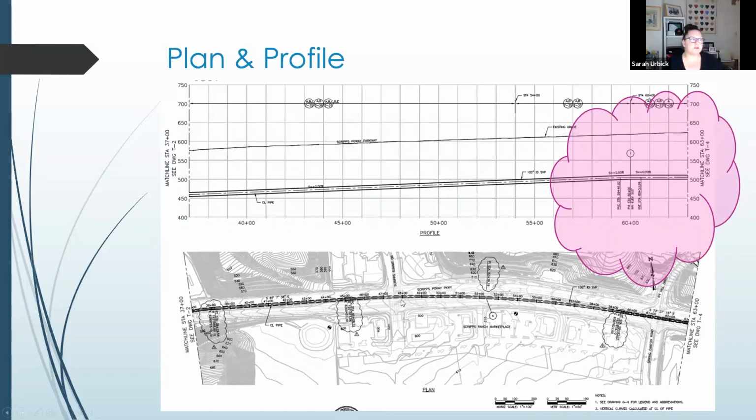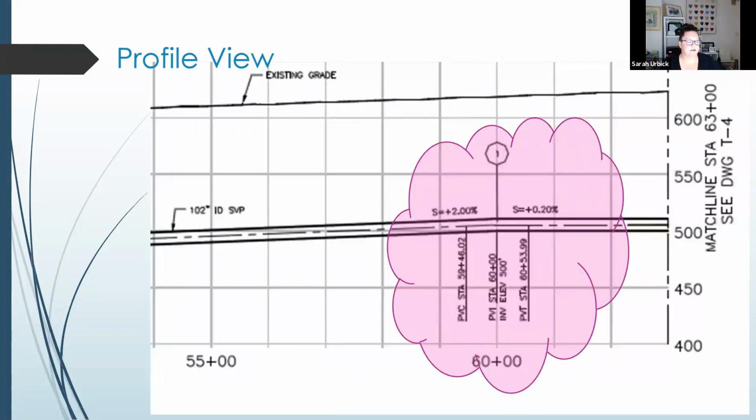Let's zoom in and look at that area. What do we get? Okay. It's calling out for a vertical curve. Very, very similar to the horizontal curves, PC, point of curve, PT, point of tangent. They threw a V in there so that we knew that it was a vertical curve being referenced. So without the V, assume horizontal. With the V, it's a vertical curve. Okay.